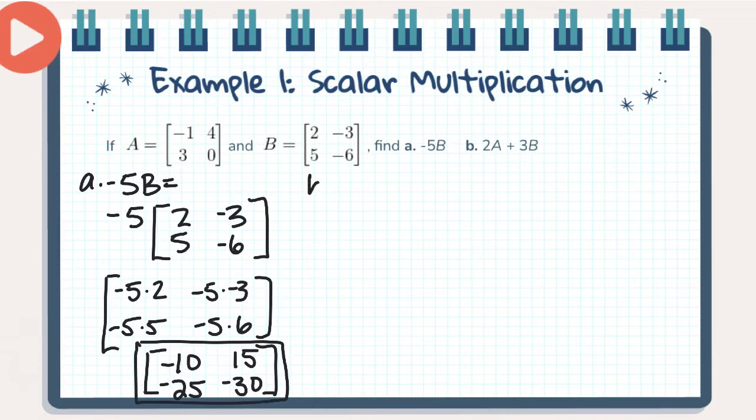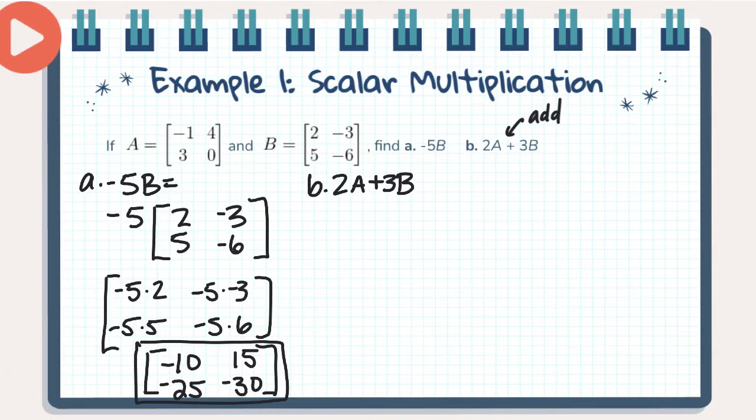For part B, we have something that's a little bit more complicated, 2A plus 3B. So we're combining two things that we now understand. We know how to add matrices, and we know how to do scalar multiplication.